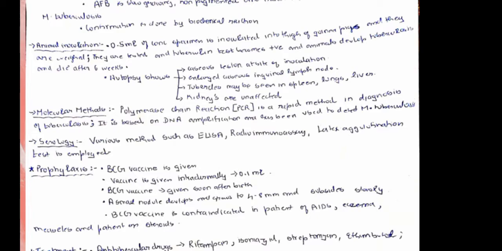So the autopsy, what does the autopsy show? The autopsy shows the caseous lesion at the site of inoculation, and enlarged caseous lesions seen in the inguinal lymph nodes.